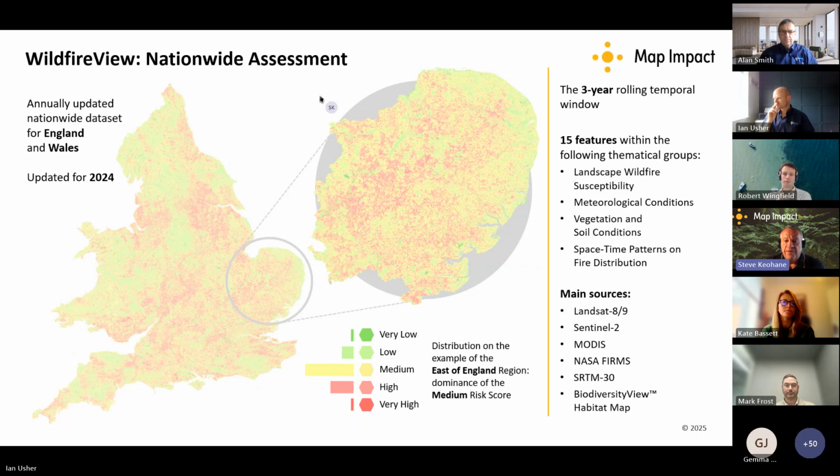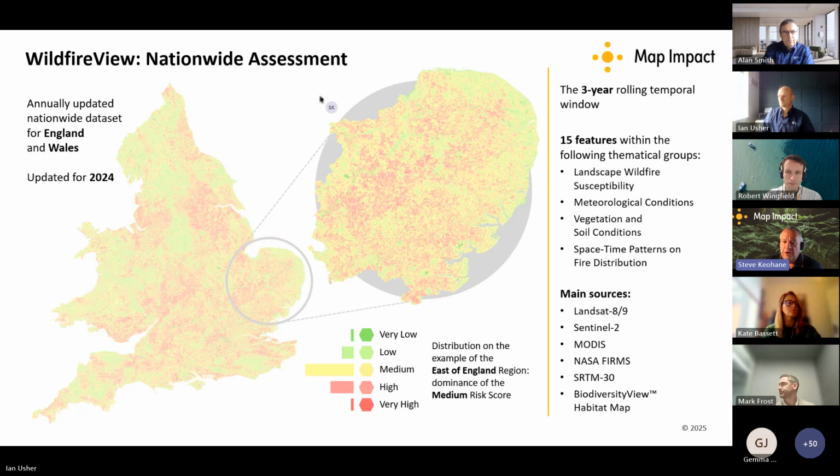In the case of wildfire, it varies from understanding what the landscape is, the meteorological conditions, right down to understanding areas of interest where people gather. Most of the wildfires in the UK are actually down to human involvement.